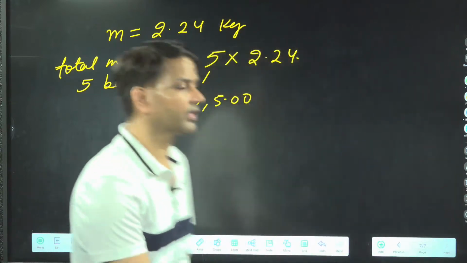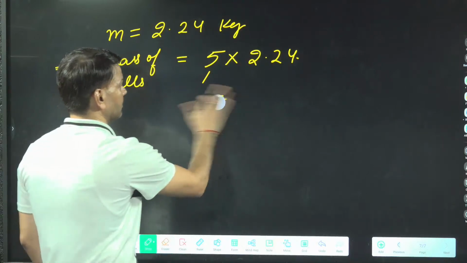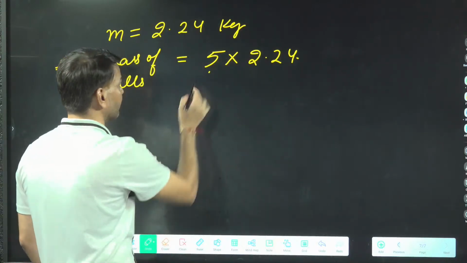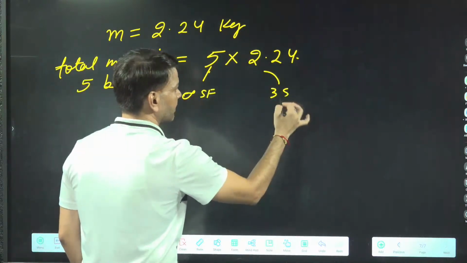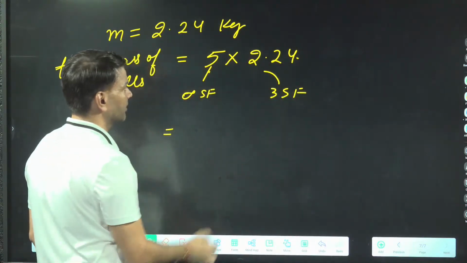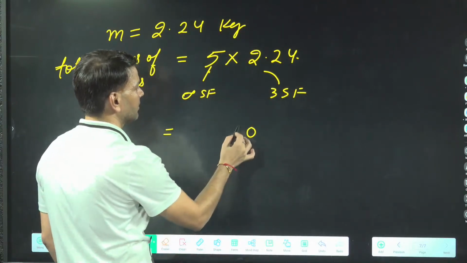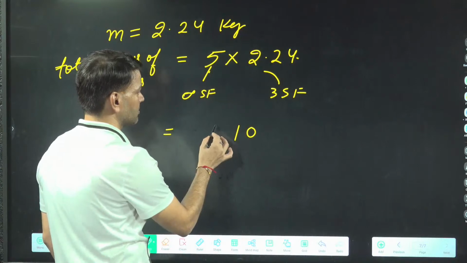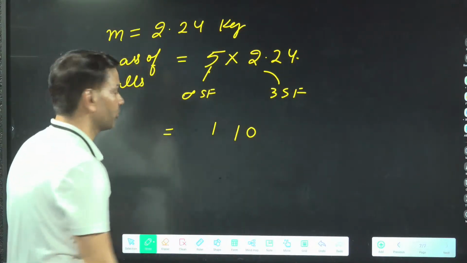So what number of significant figures will you take? This may have infinite significant figures, and this will have 3 significant figures. So when you multiply, what will you get? 5 times 2.24, what are you getting? 11.2.